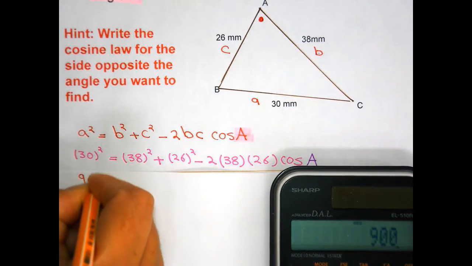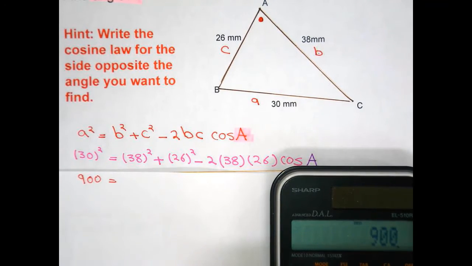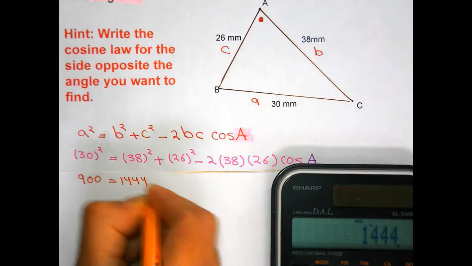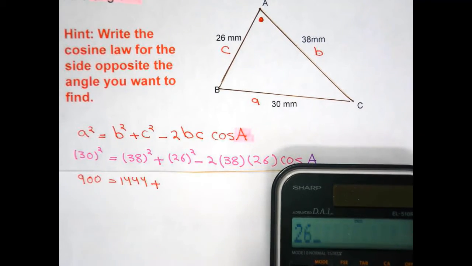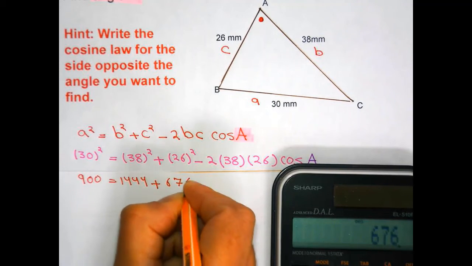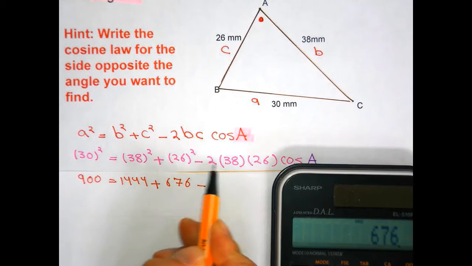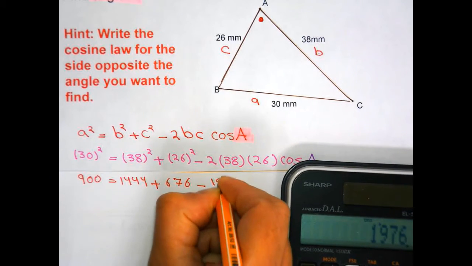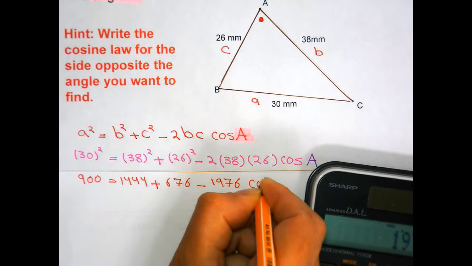So 900 equals, we have to find what 38 squared is, 38 to the exponent 2, 1444, plus 26 squared is 676, minus, now you have to do this multiplication, 2 times 38 times 26, which is 1976 cosine A.